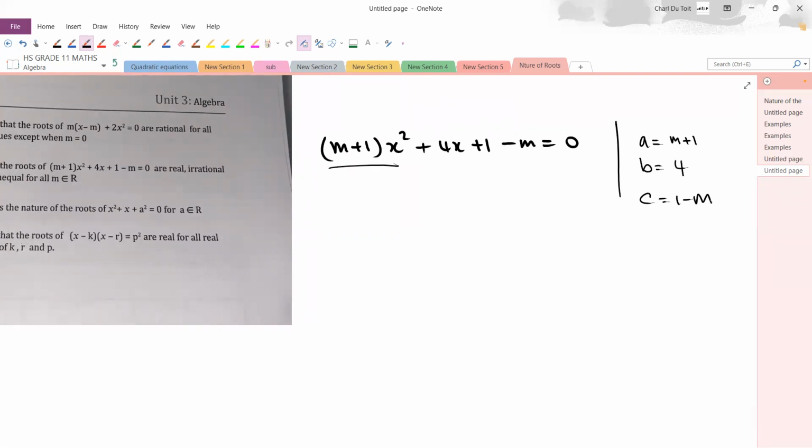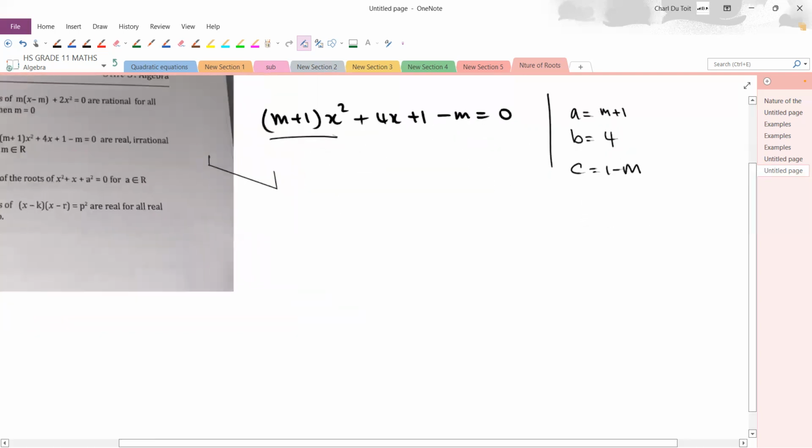Okay. It's kind of difficult sometimes. So, whoa. What's happening here? Okay, so I have delta equals b squared minus 4ac. That is 4 squared minus 4 times a times c.